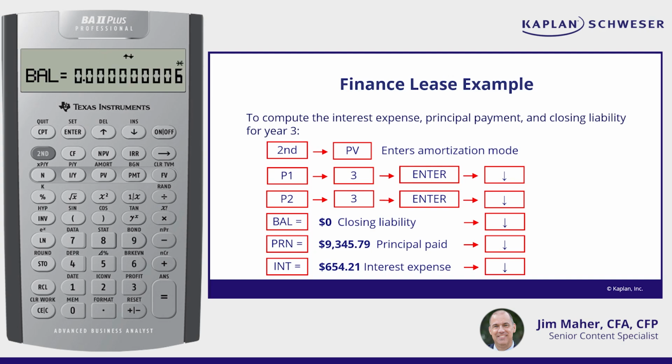And what's our closing liability? Well, you can see it's down here at 0.0000 and then a 6 tacked on at the end, but it's basically 0 for our closing liability. We paid off our lease. The principal paid that year was $9,345.79, as we're going to see right here when we do our down arrow, right? And then also our interest expense for the year was $654.21.